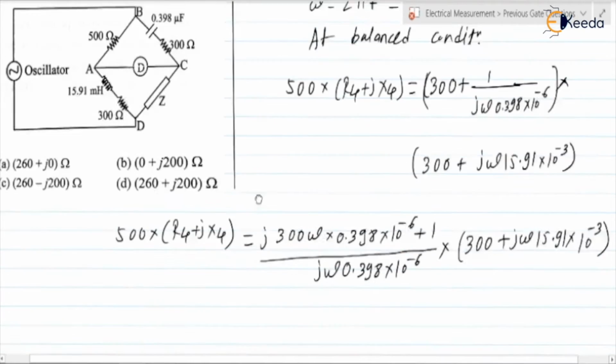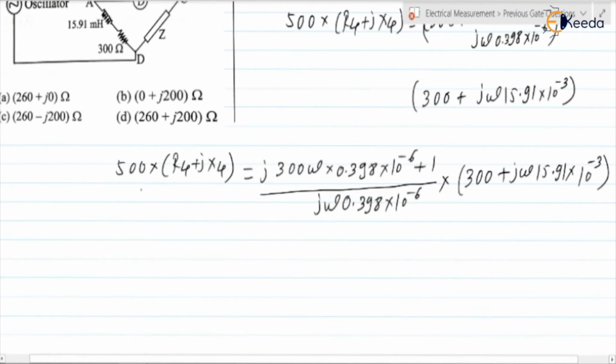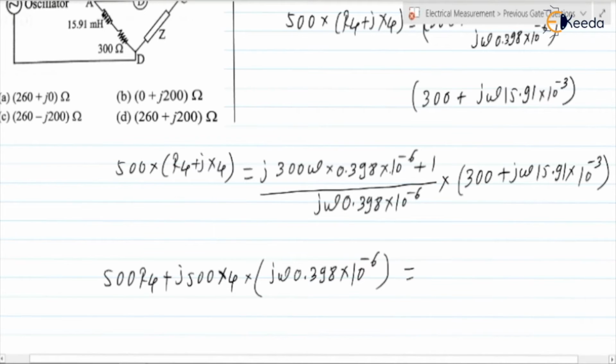Okay, so next further we can write it as 500 into R4 plus j into 500 into X4, okay, into, yes, can we shift this term to the left hand side? Yes. So into j into omega into 0.398 into 10 to the power minus 6, which is equal to, yes, we can take the multiplication directly, this is the one bracket we are having, this is the second bracket.